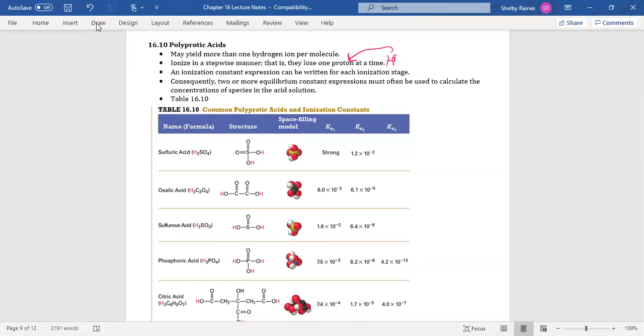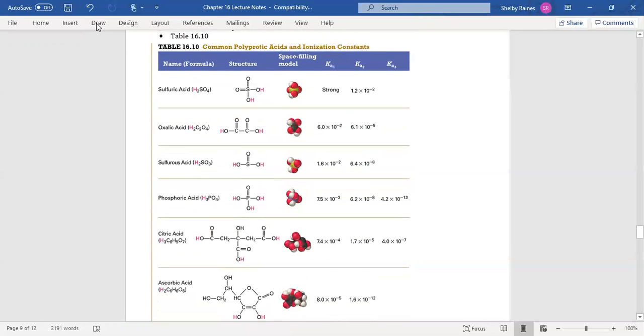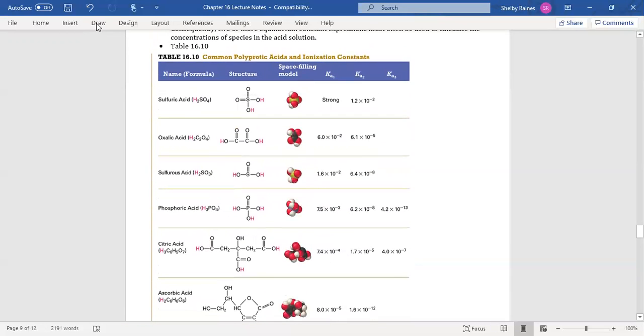I cut and pasted it into my notes so that y'all could see what I was talking about. But you can find this on page 721 in your text. So page 721, you'll find this table.